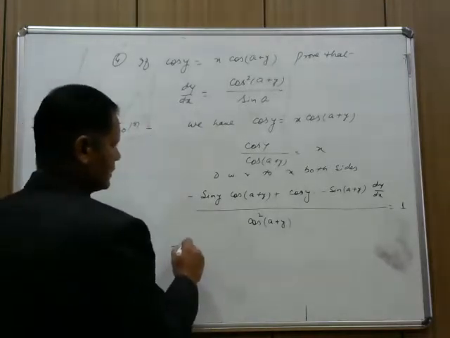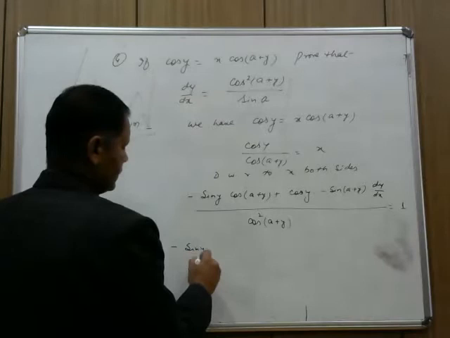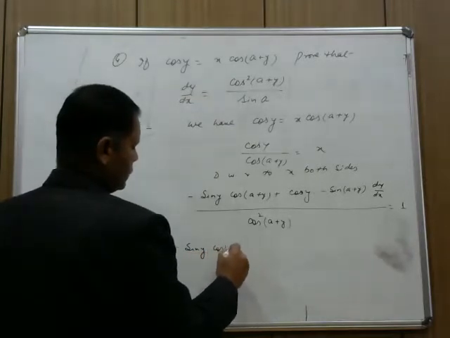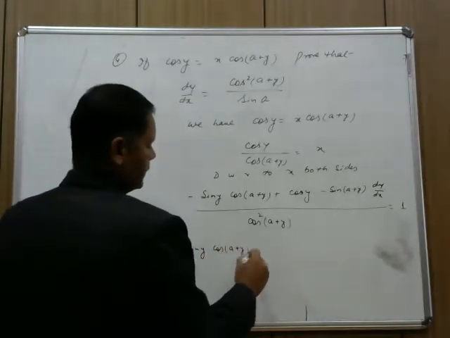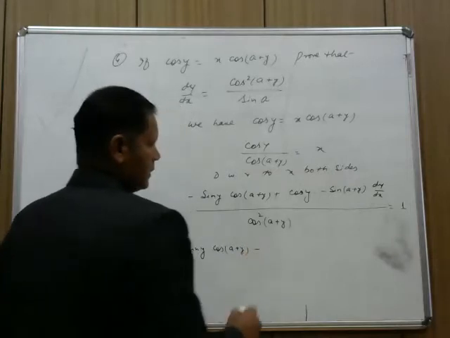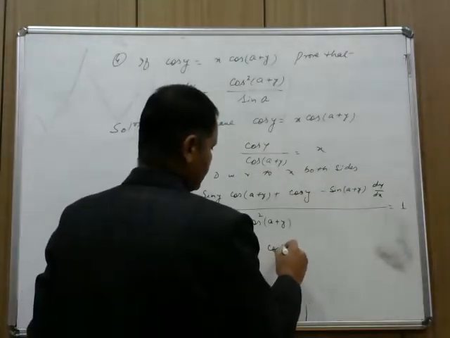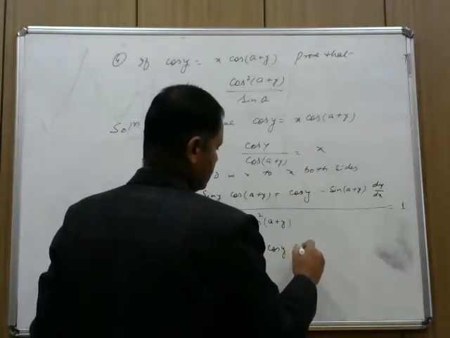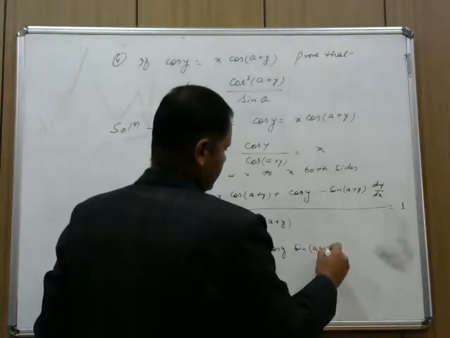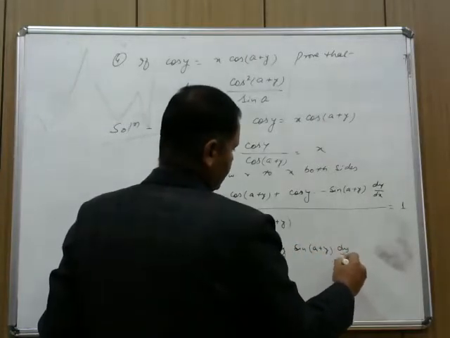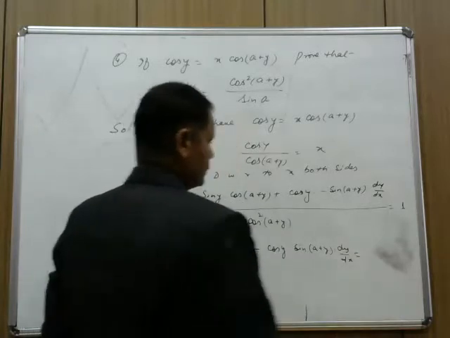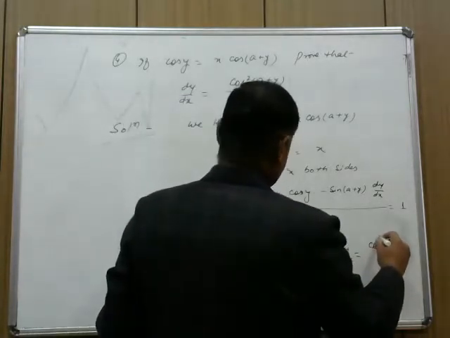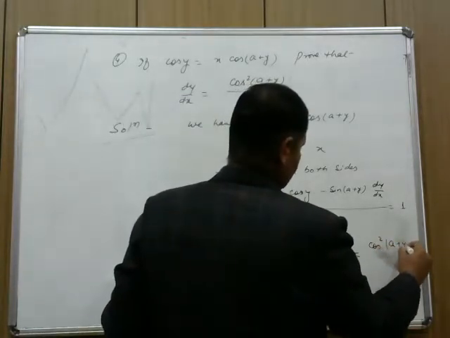Right, that is what we have got now. Minus sin y into cos (a plus y) minus cos y into sin (a plus y) into dy by dx is equal to cos square (a plus y).